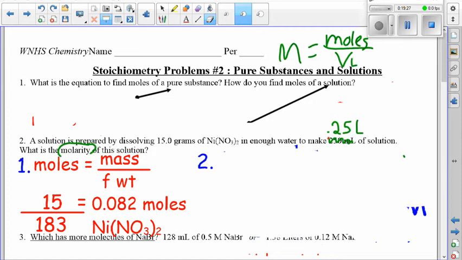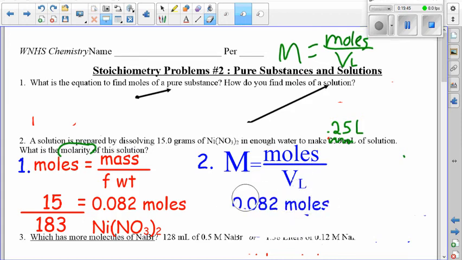So now that I know how many moles of nickel nitrate I have, I can plug that into my molarity equation. So molarity is equal to moles over volume. Well, my moles is 0.082. My volume, now this is where people are going to actually divide by 250 because they didn't convert it at the beginning.